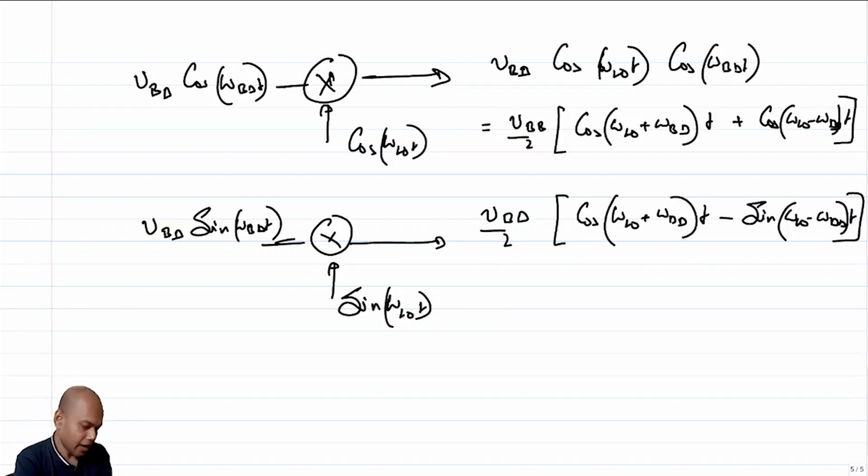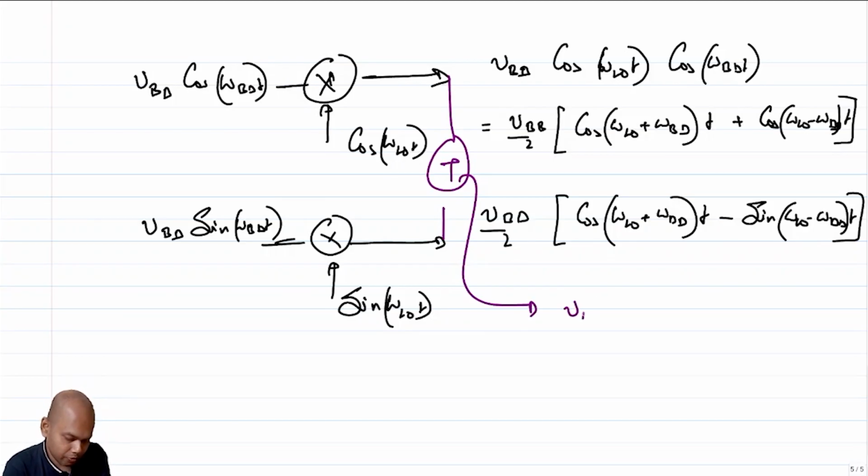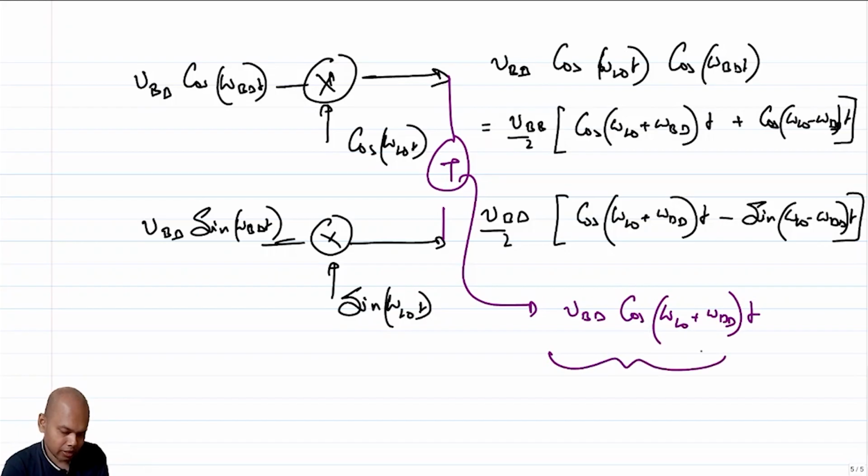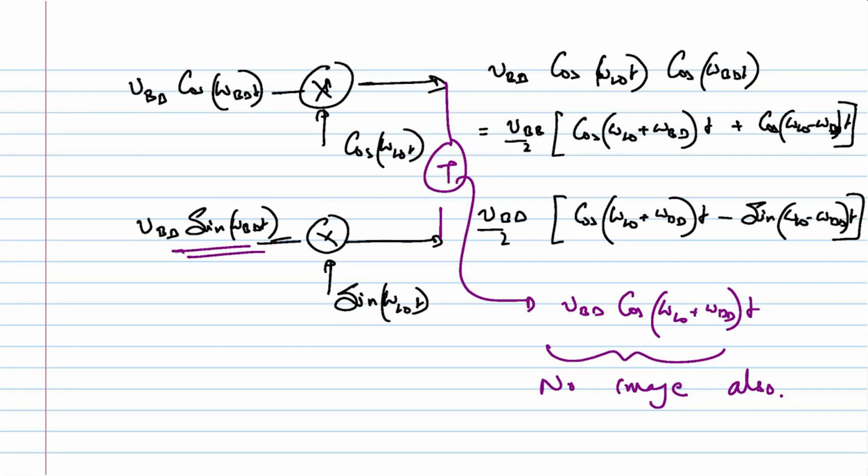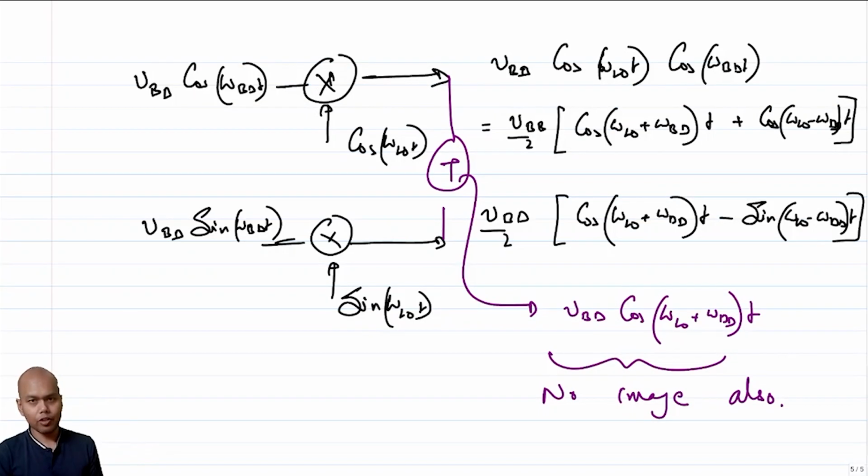Correct? And then I add them up. If I add them up, what do I get? I get V_BB cosine omega LO plus omega BB t. Right? So here no image also. Correct? So you get rid of that sideband, and this is essentially equivalent to an IQ mixer.